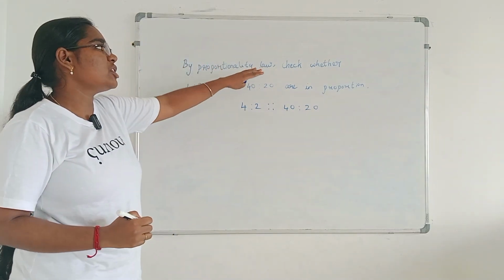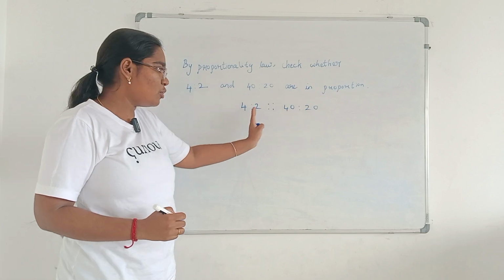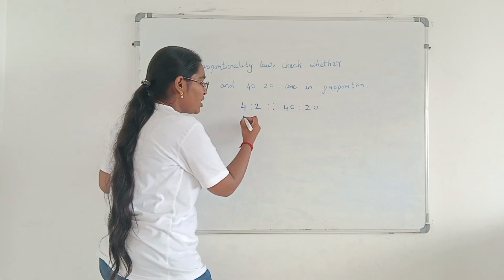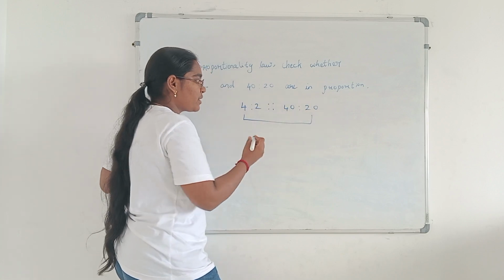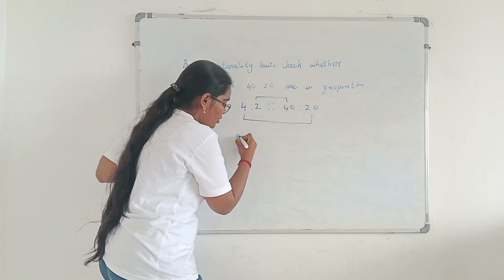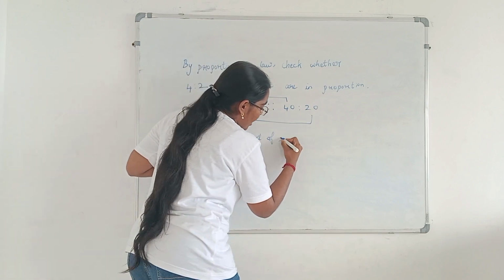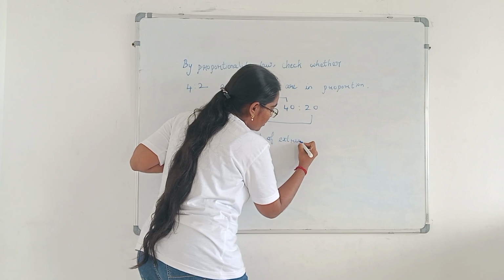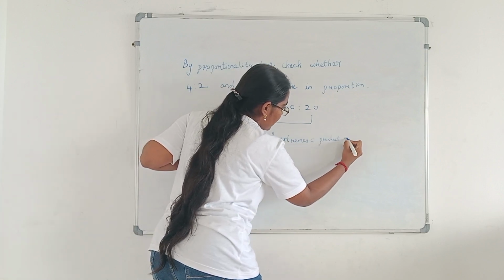Proportionality law means product of extremes equals product of means. So here the extremes are 4 and 20, and the means are 2 and 40.